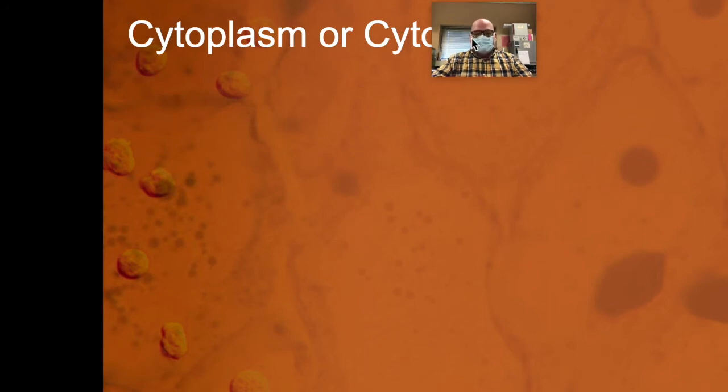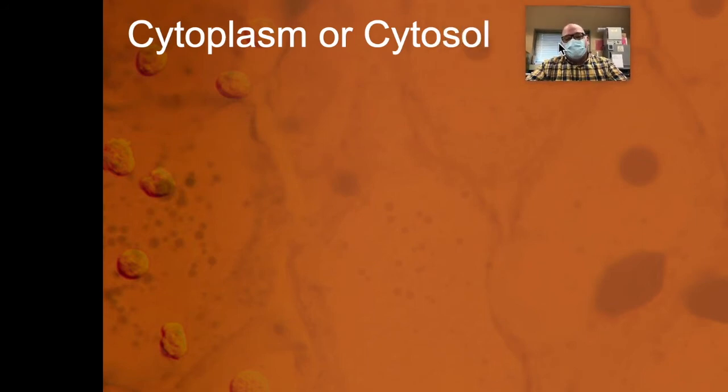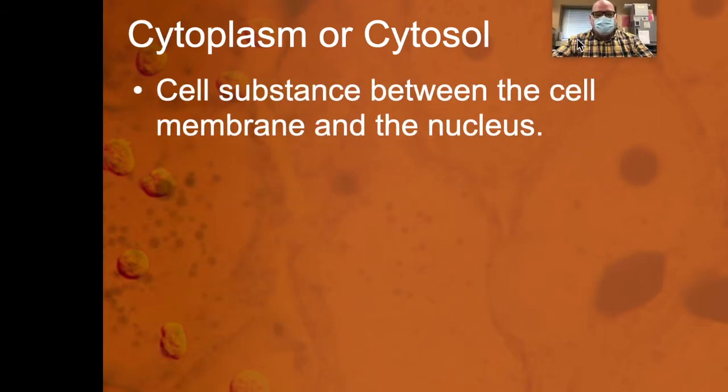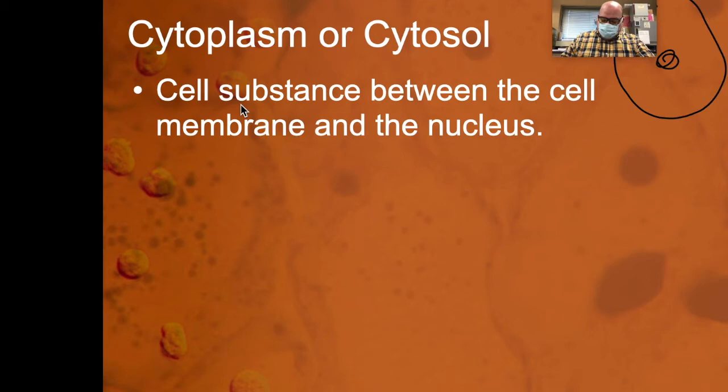Okay, let's talk a little bit about the cytoplasm or cytosol. We'll do more on the membrane, so that's just a basic overview for now. Your cytoplasm or cytosol, either one, is what's between the cell membrane and the nucleus. If you set up a cell, all this space right here where I'm drawing these dots is a very fluid, very watery substance that allows these organelles to float.